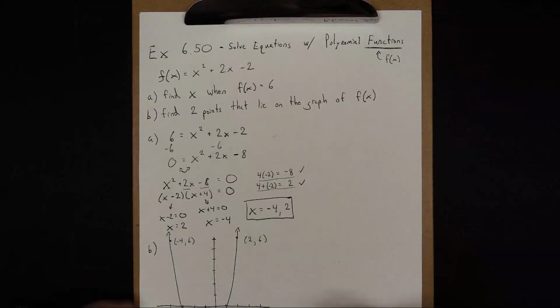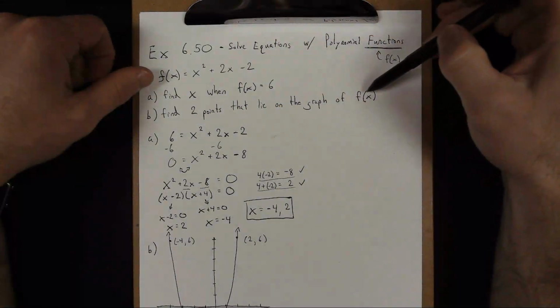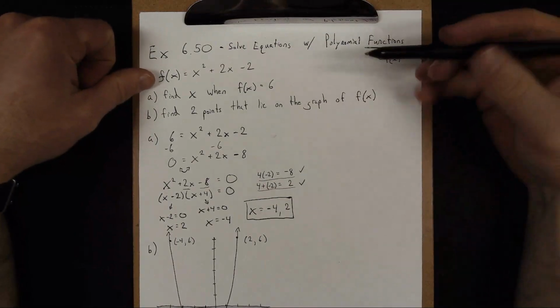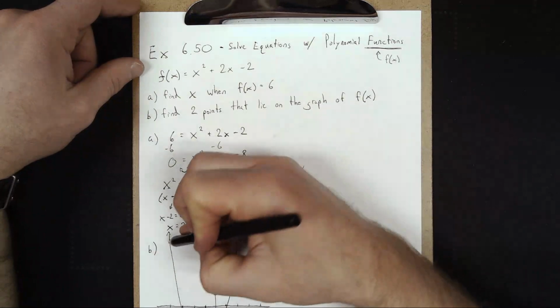Okay, so here is, so for B, find 2 points that lie on the graph of f of x. All right, you'll see at -4, 6, that's a point.